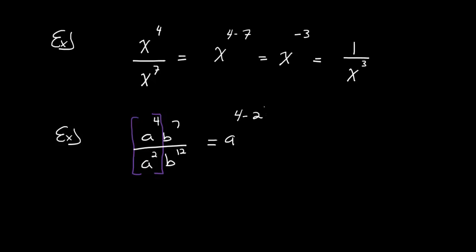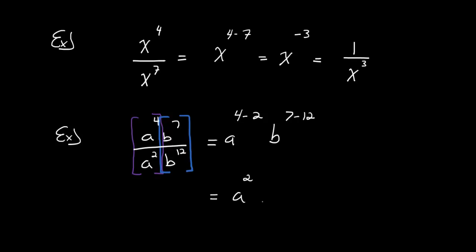So this gives me a to the 4 minus 2 power. Then I will evaluate my b's here. So this will give me b to the 7 minus 12 power. So now this will give me a to the second power, and then 7 minus 12.